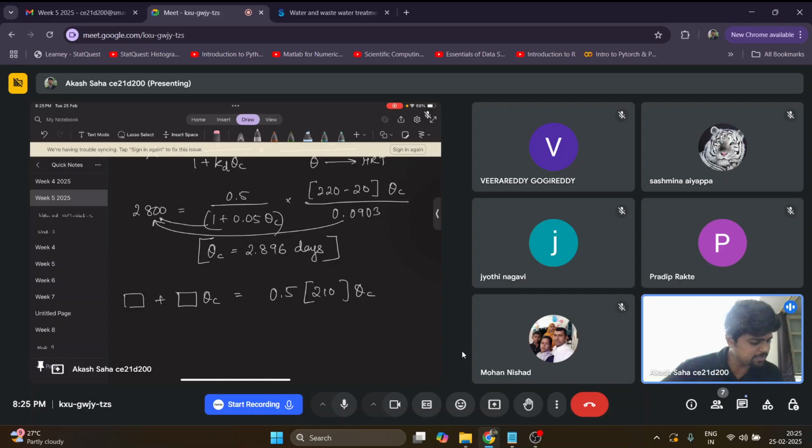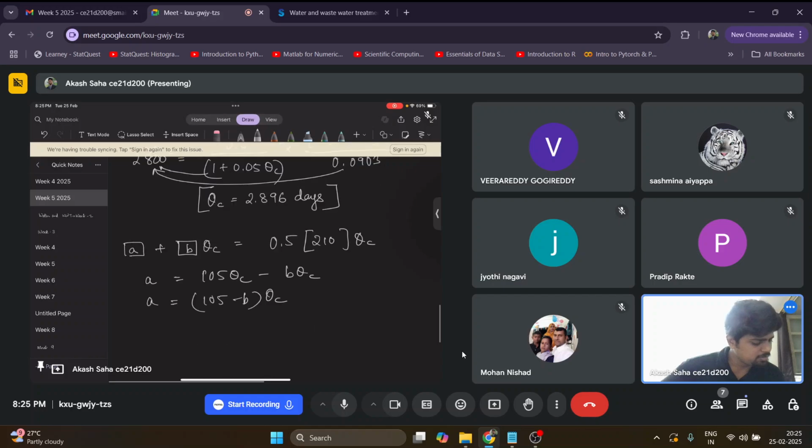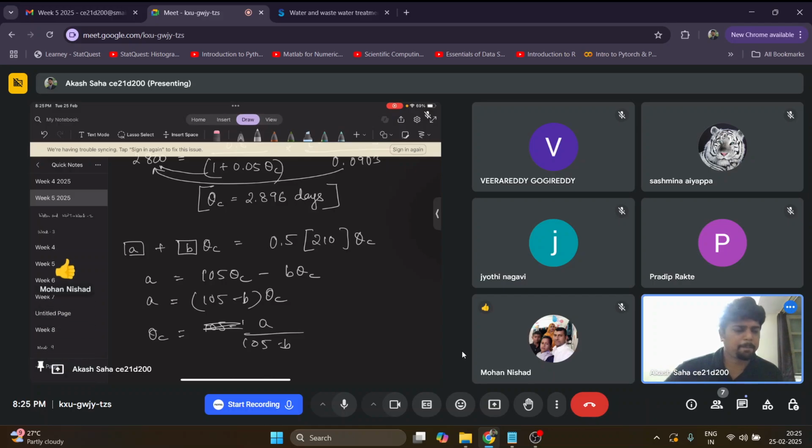Suppose this is A, this is B. Now you will get A is equal to 0.05 of 2210, which will be 105 theta C minus B theta C. Then A will become 105 minus B into theta C. So theta C will be 105 A divided by 105 minus B, something like that. It will be very simple. Is it clear? Yeah, I think there is not much problem. It's just that it will take some time to simplify.